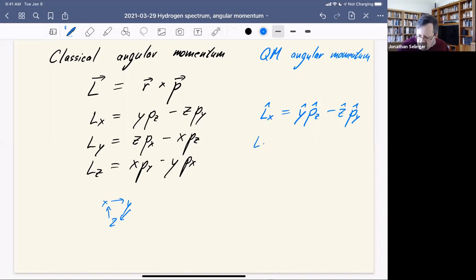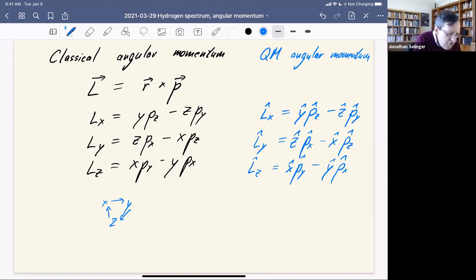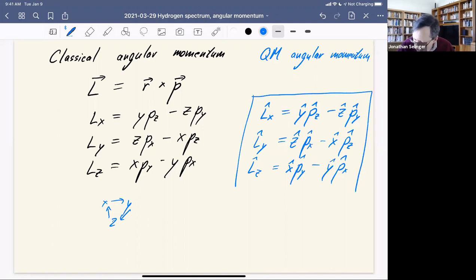And likewise for y, and we'll keep doing the cyclic permutations. So z px minus x pz. And the z component of the angular momentum is x py minus y px. Okay, so this makes a nice definition of these three components of angular momentum as quantum mechanical operators.